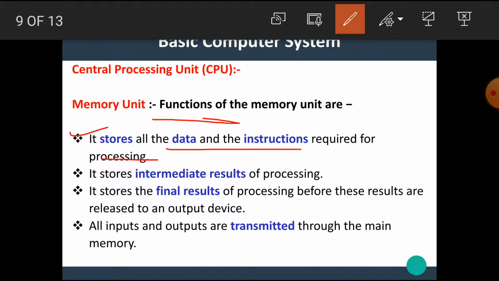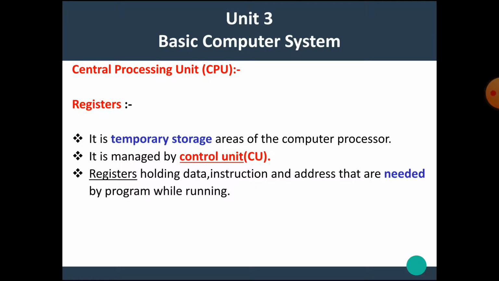It stores intermediate results of processing. It stores the final results of processing before these results are released to the output device. All inputs and outputs are transmitted through the main memory. These are some basic functions of the memory unit.